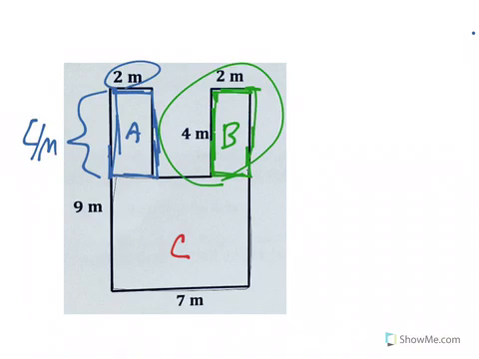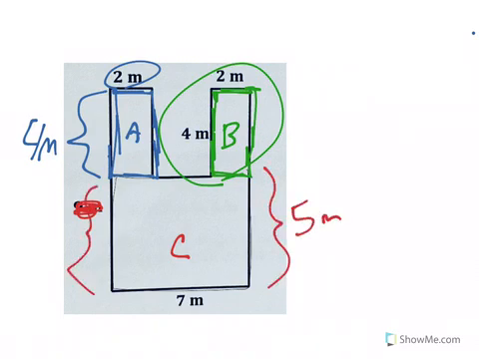We have 2 meters by 4 meters. And then for shape C, this is 7, so we already have that. 9 is this whole side, so we know it's not going to be 9. But if this is 4 right here, you take that out of it, then this side and this side would be 5, because you take the 9 minus the 4. So we have our 3 different shapes.